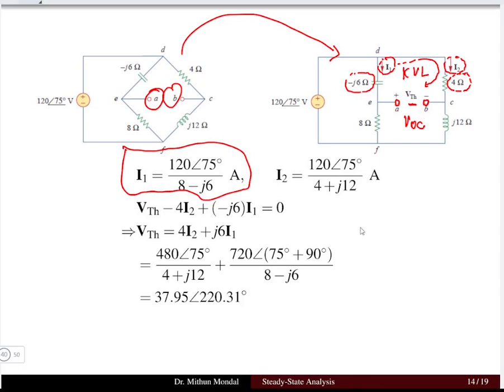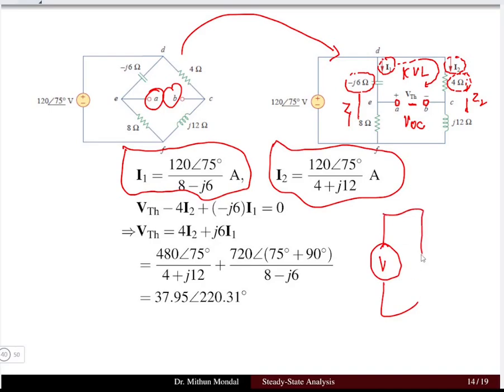Okay, so I can see that these 8 ohms and j6 ohms are in series, so this will become one impedance, and j12 ohms and 4 ohms are in series, so this will become another impedance, Z2. So Z1 and Z2. I can obtain the values of I1 and I2 because I have a voltage source here, one impedance here which is Z1 and another impedance which is Z2.